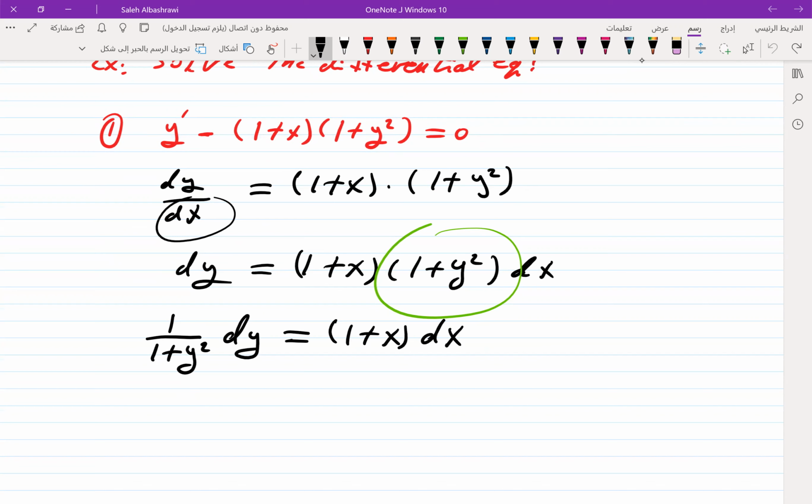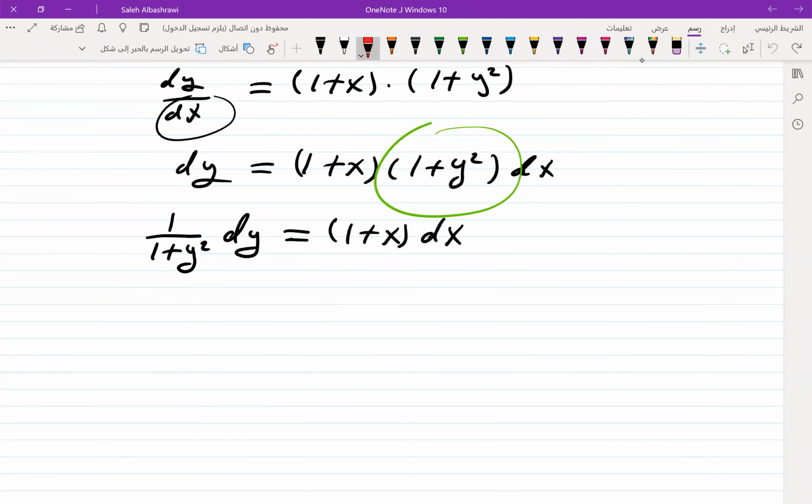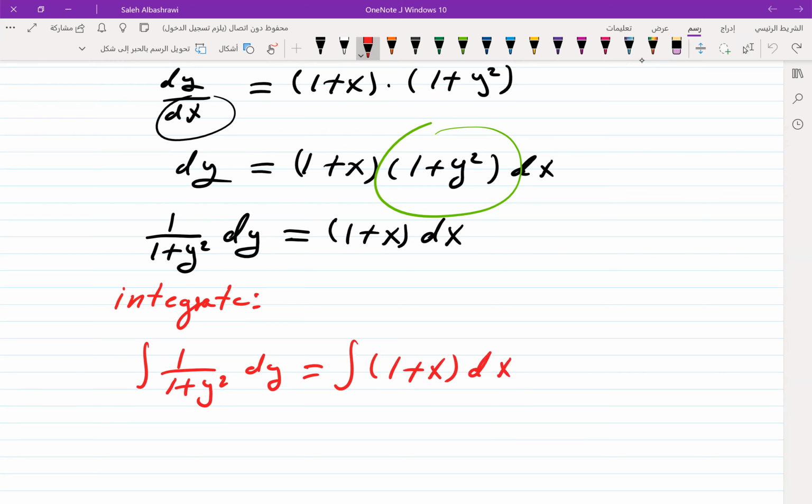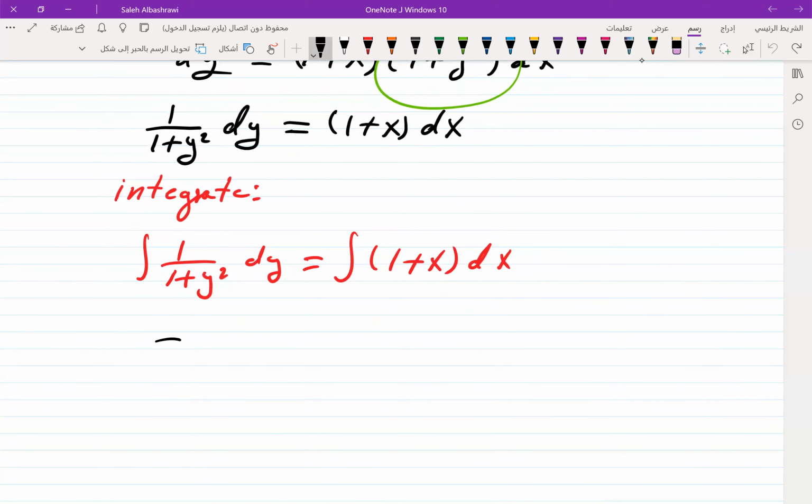Now we can integrate the left hand side and the right hand side. The integration of 1 over (1 plus y squared) dy equal to integration of (1 plus x) dx. The integration of 1 over (1 plus y squared) is equal to tan inverse of y, equal to the integration of the right hand side, which will give me x plus 1 half x squared.